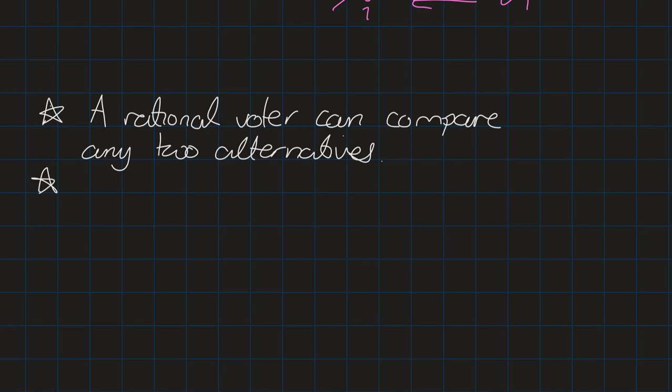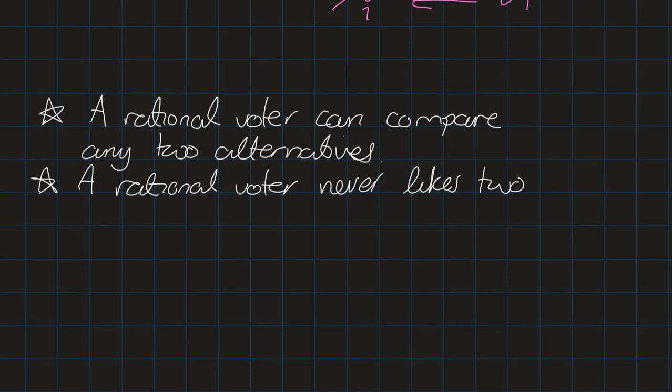A rational voter never likes two alternatives equally. There's never going to be a draw. A rational voter always has one which they like more than another one.